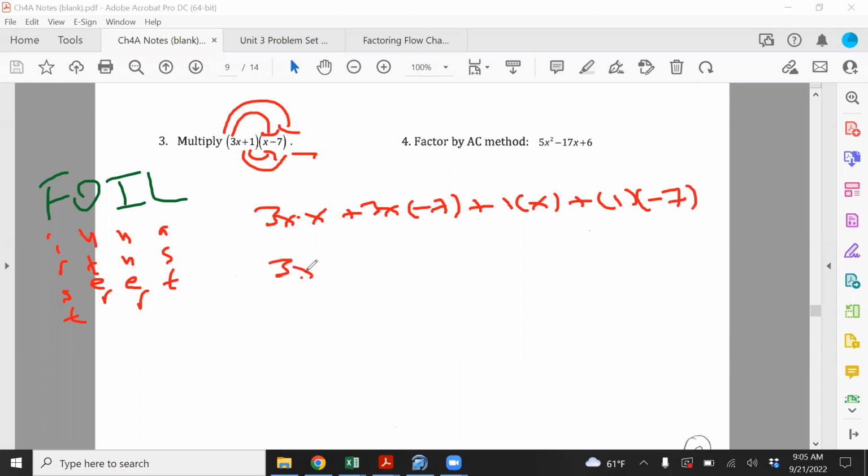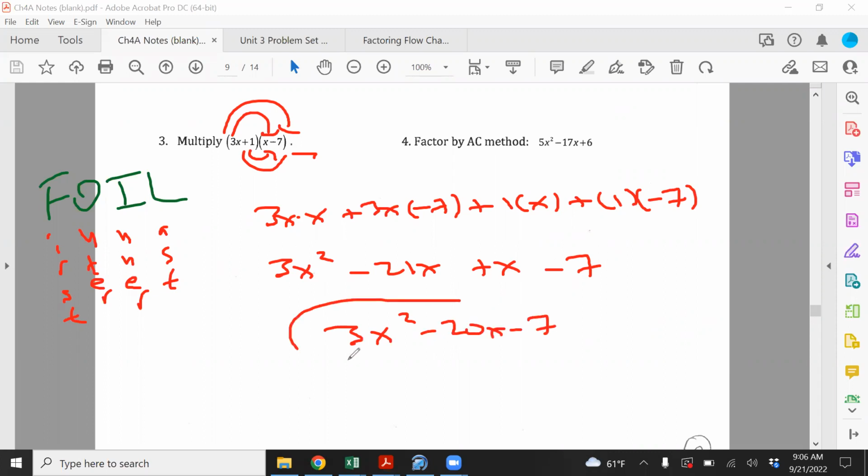So you got 3x squared minus 21x plus x minus 7, so 3x squared minus 20x minus 7.